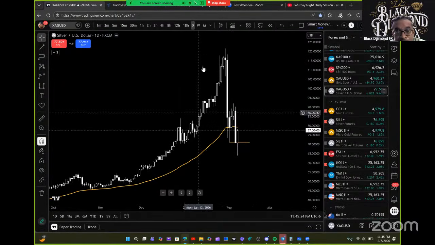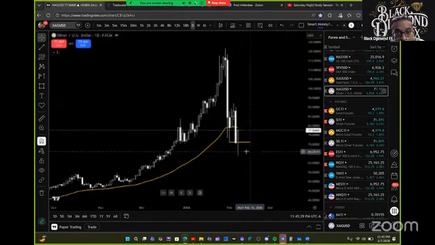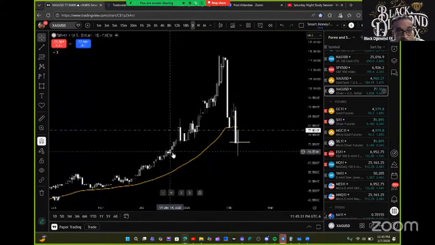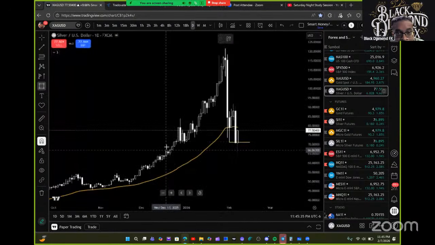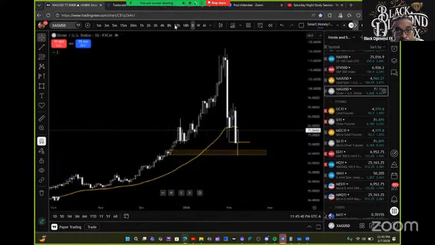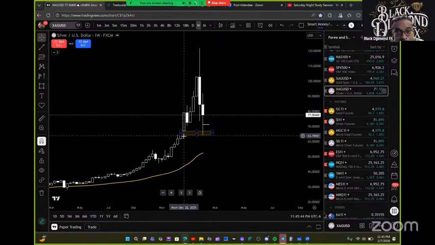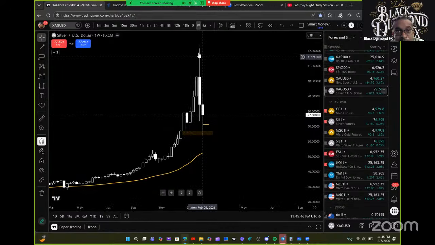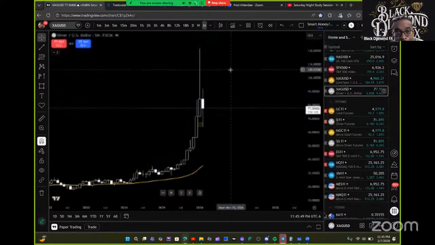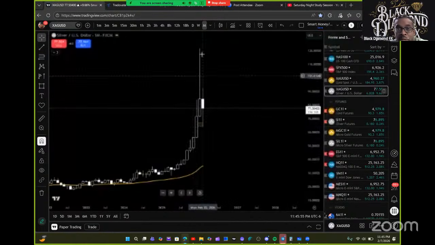I'm trying to see what this swept into right here. Looked like we had a little small zone right here. Let me see weekly. See how we got that little fair value gap right there? It's got a little more fair value right here. We got some underneath. I don't know, man.